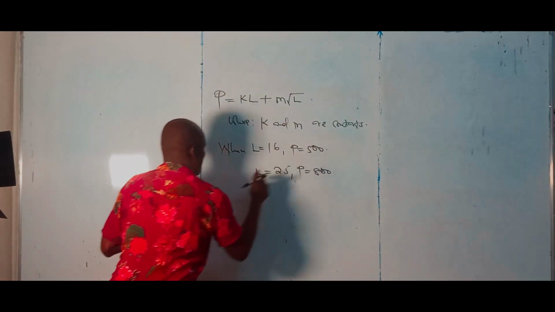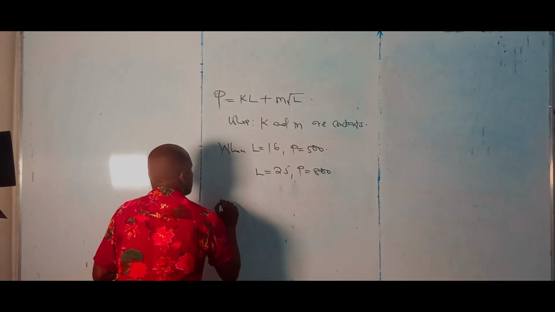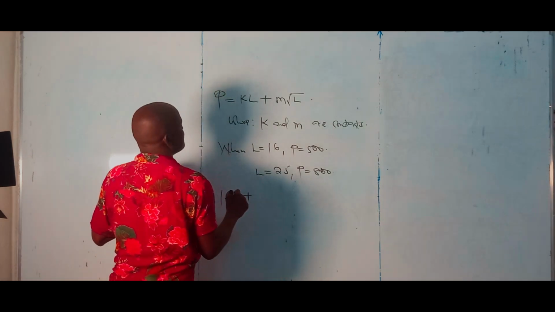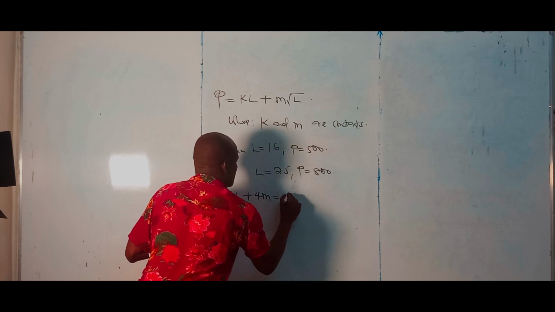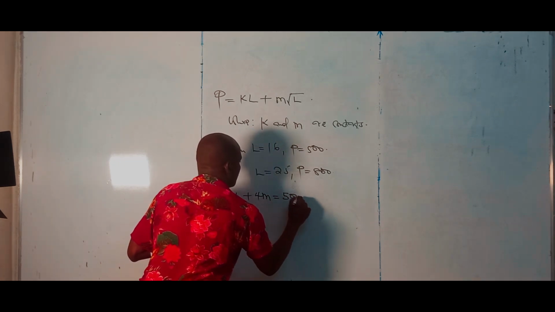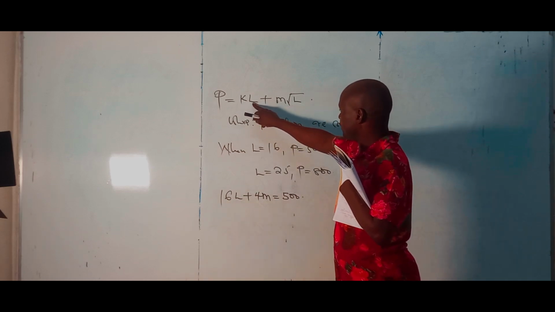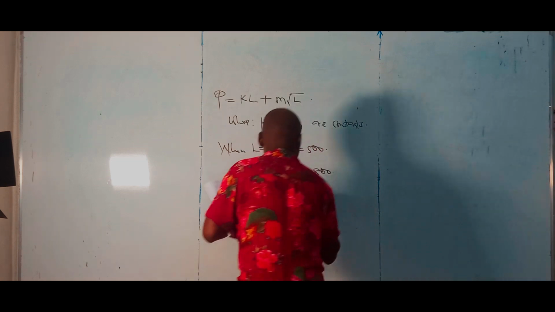In the first scenario, L is 16. So I will have 16K plus 4M is equal to 500. That is from this, because if L is 16, then the square root of 16 is 4. So that is Roman 1.